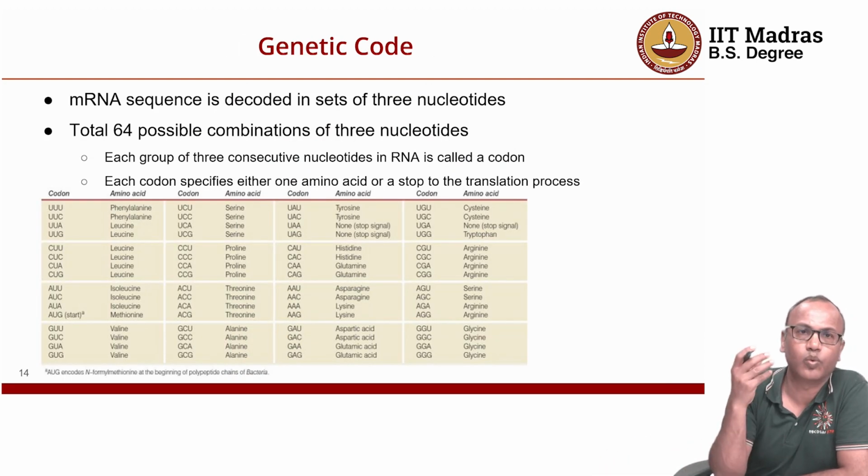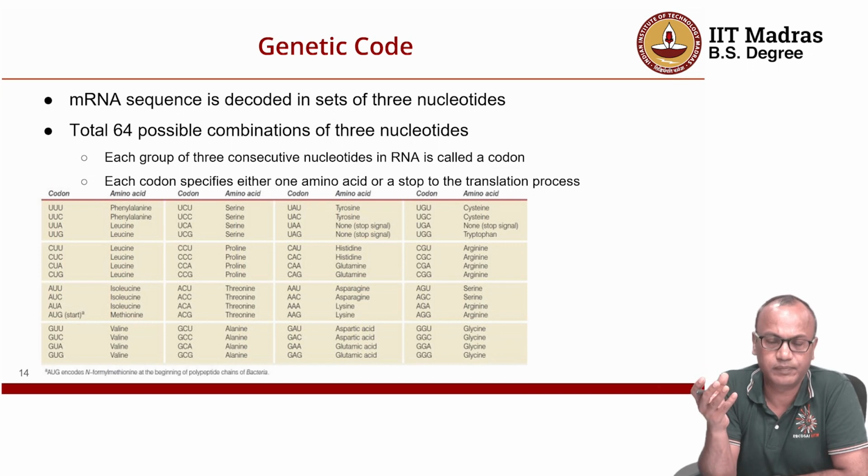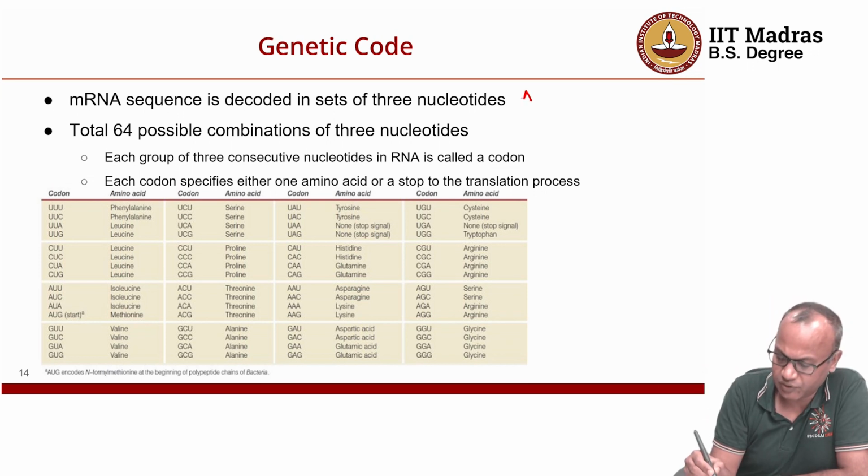Now, as you can imagine, the language of RNA is A, U, C and G. The language of proteins is 20 amino acids.